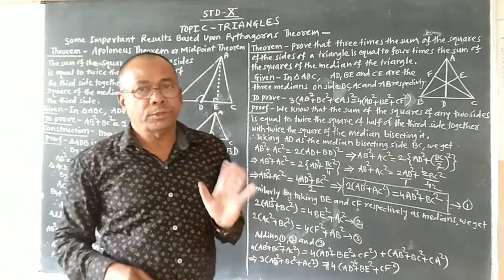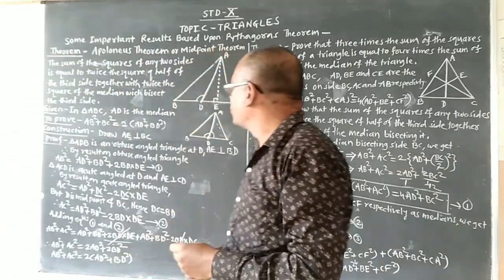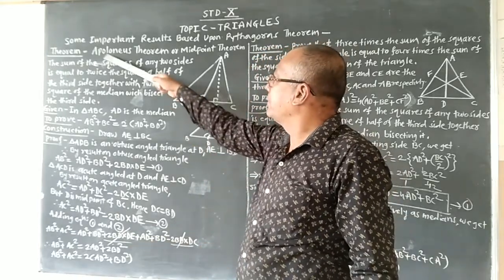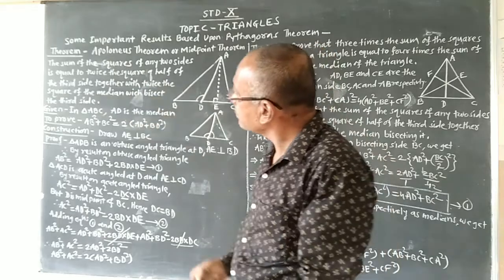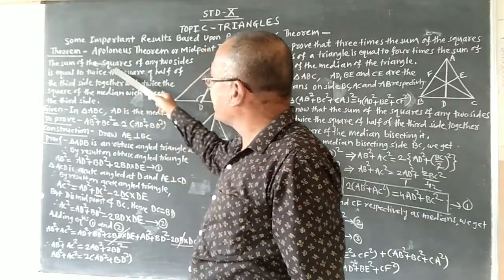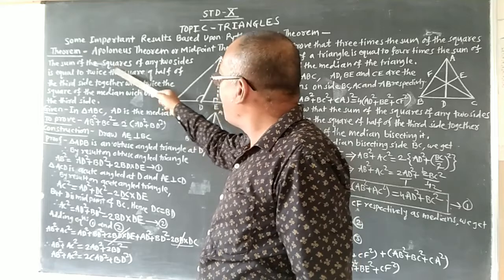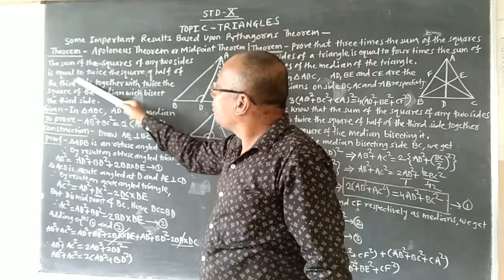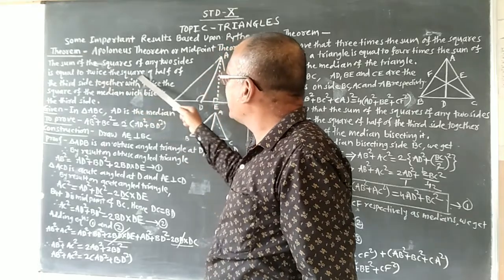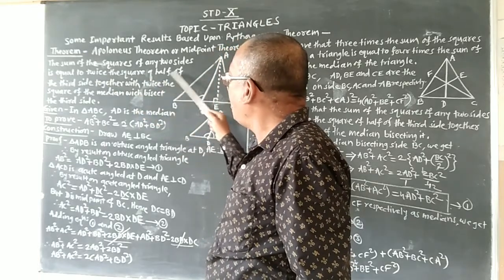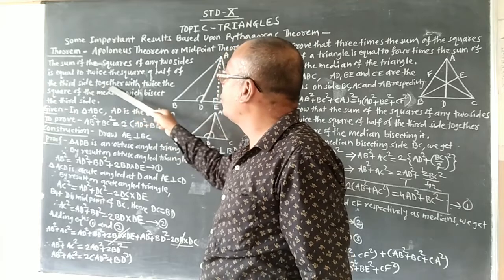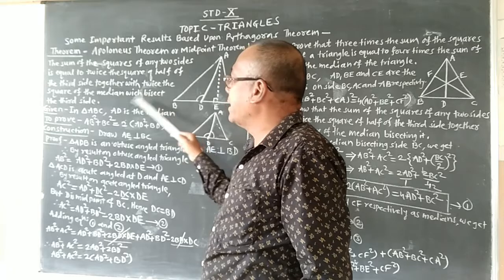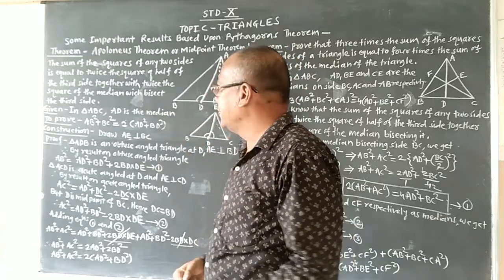In this way, first of all, we understood the figure, and now we will see the theorem, that is Apollonius theorem. Here, the sum of the squares of any two sides is equal to twice the square of half of the third side together with twice the square of the median which bisects the third side.